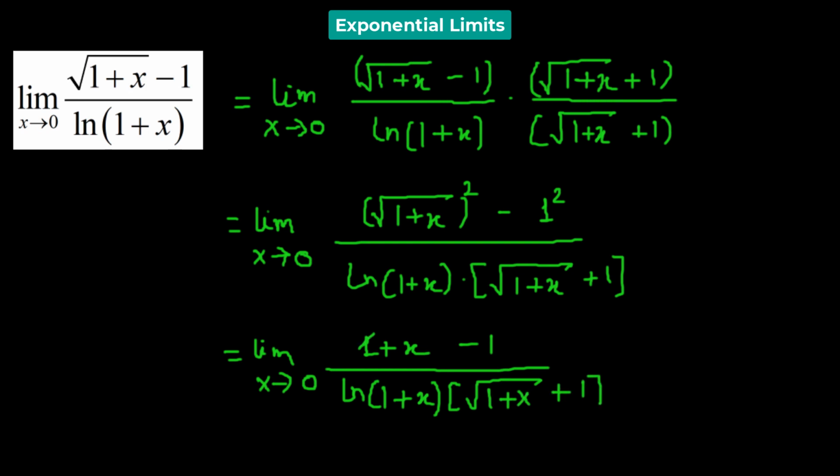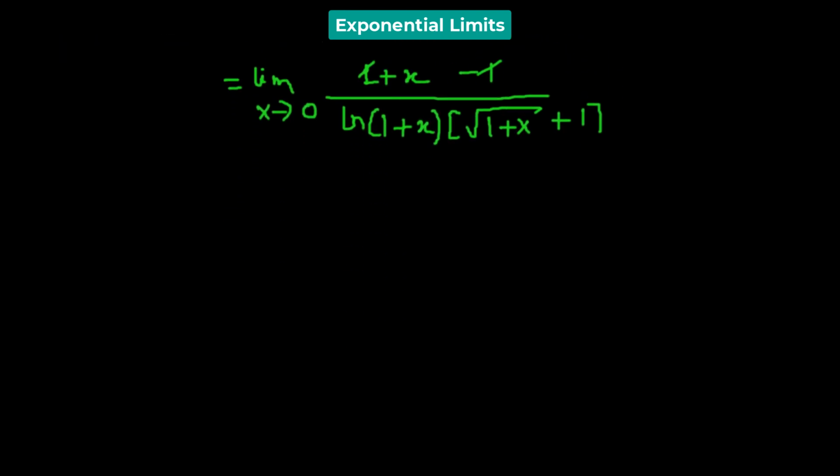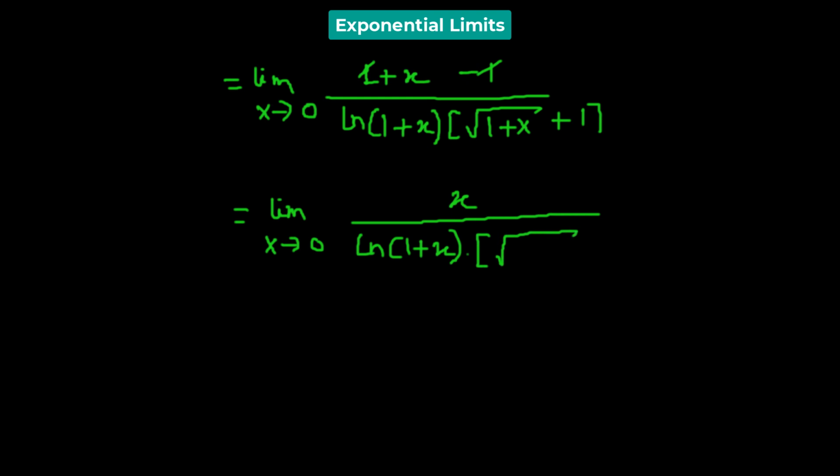So the 1 and negative 1 in the numerator get cancelled, leaving us with x in the numerator. So we have x divided by the natural log of 1 plus x multiplied by square root of 1 plus x plus 1.